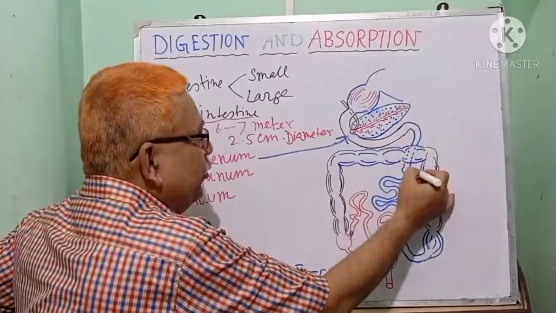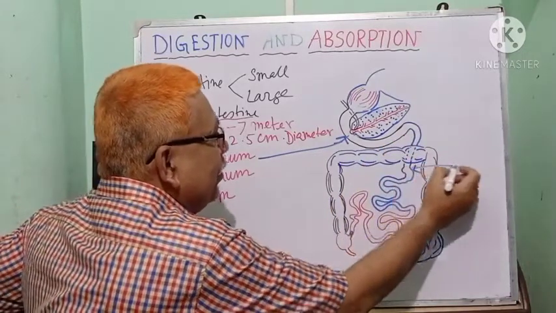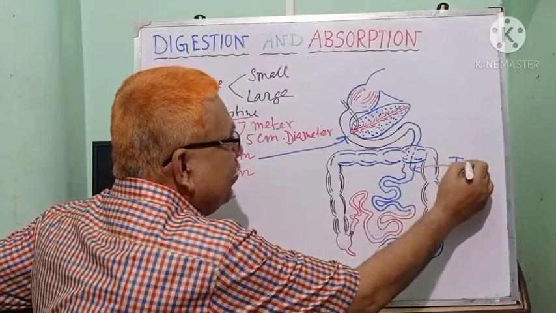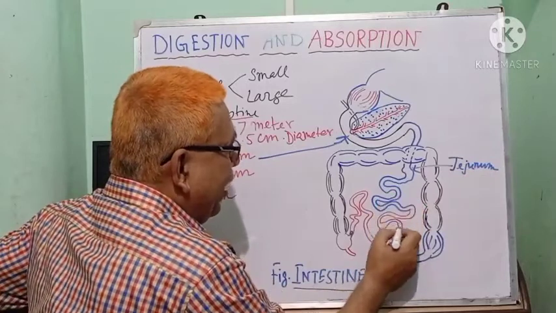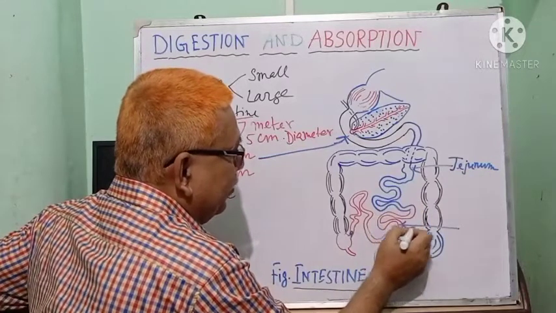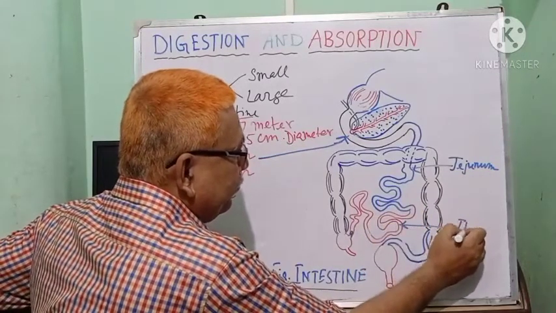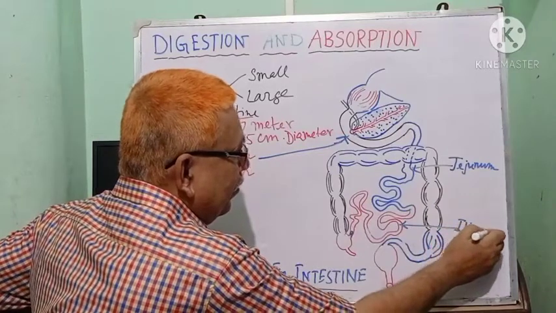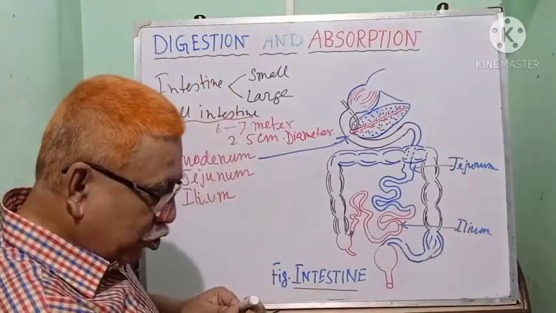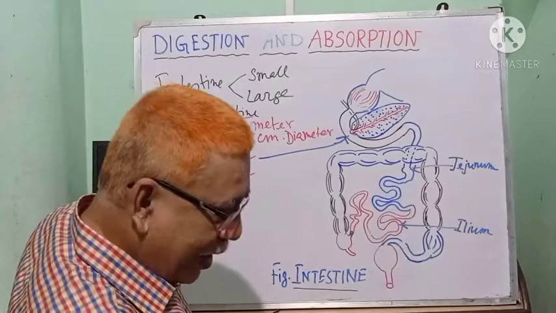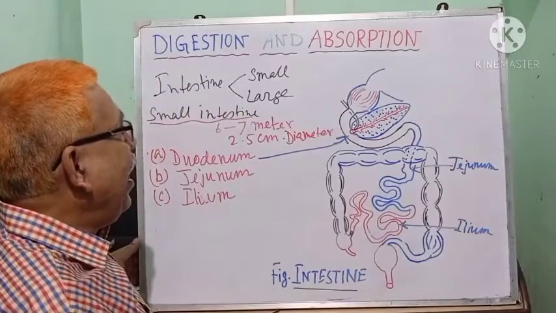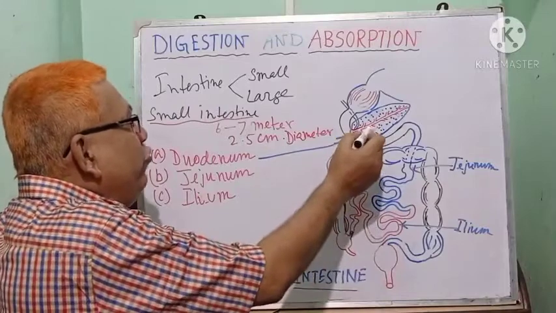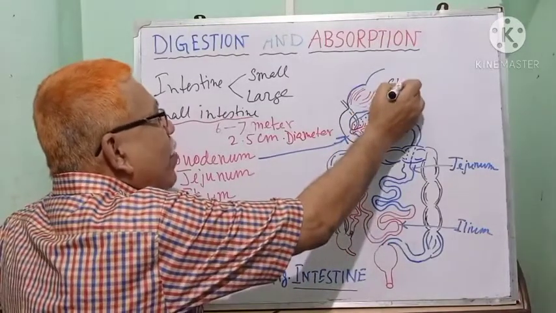This part is jejunum, and this part is ileum. So duodenum is a sheath-shaped structure, and this is stomach.